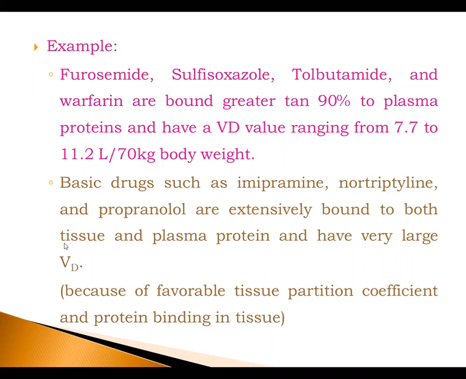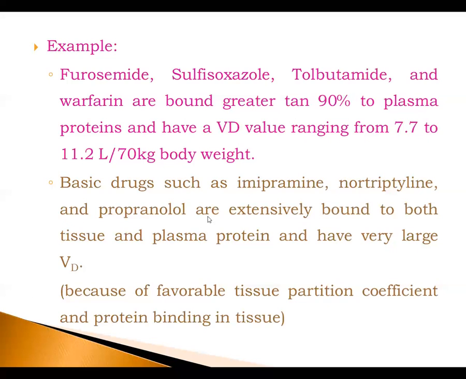So in this case there is a possibility of larger VD values, because it depends on affinity: whether the drug has more affinity to the plasma protein or to the tissue protein. Let us imagine a drug A which can bind to plasma protein as well as to tissue protein. If the affinity of drug A is more towards the tissue protein, then it binds more to the tissue protein than the plasma, because of which the VD value will increase.